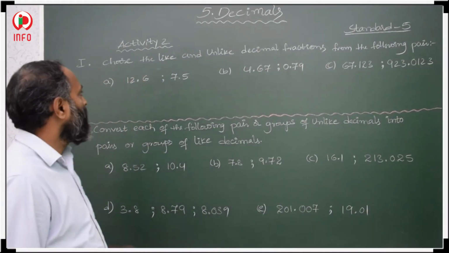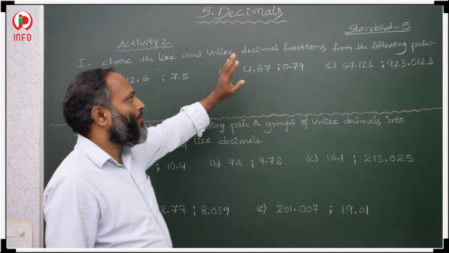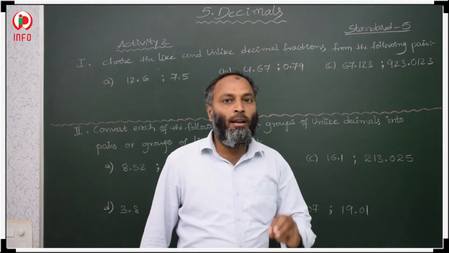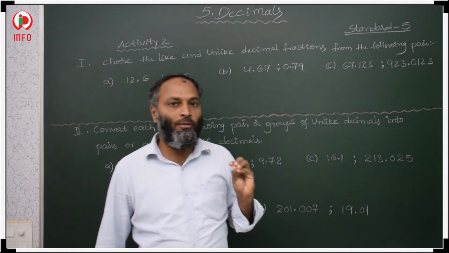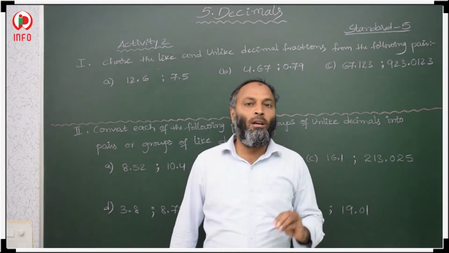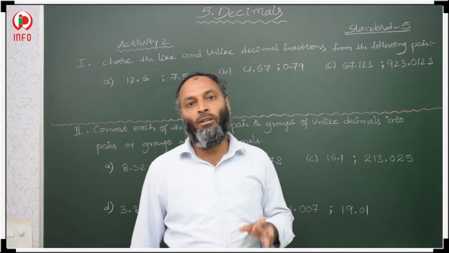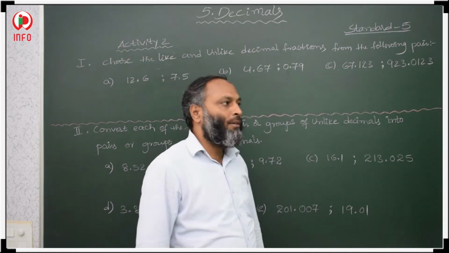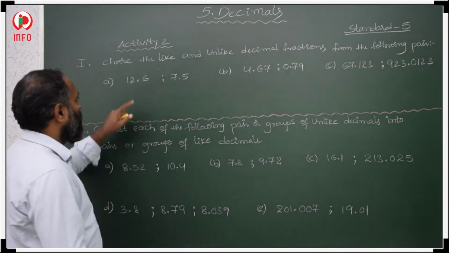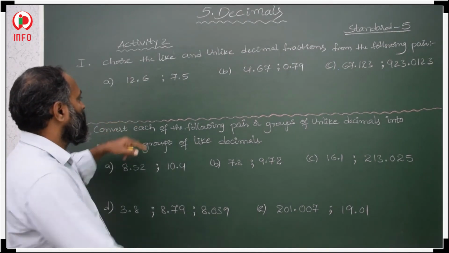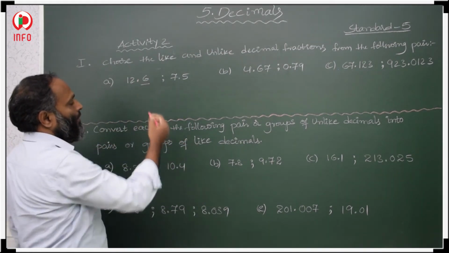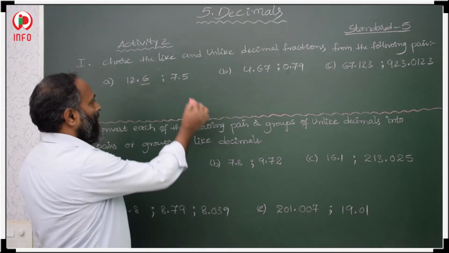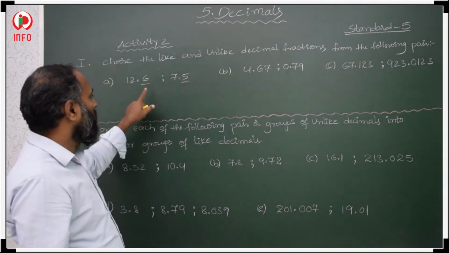Now students, choose the like and unlike decimal fractions from the following page. Before we discuss, what do we call like decimals and which ones do we call unlike decimals? In the first pair, how many decimal places are there? 1. Here 1 decimal place, here 1 decimal place.